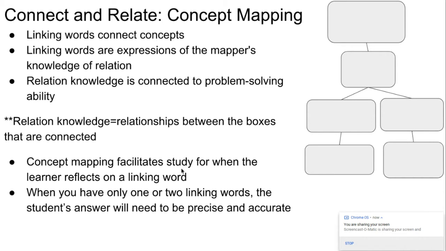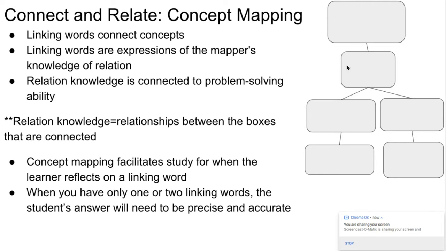Next, connecting and relating through concept mapping. Linking words connect concepts. This is an example of a linking word that would connect this to this. Linking words are expressions of the mapper's knowledge of relation. Relation knowledge is connected to problem-solving ability.